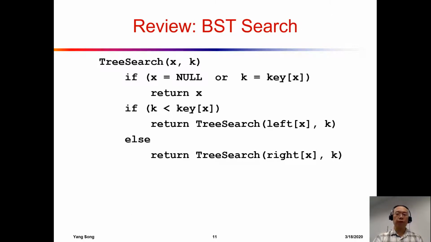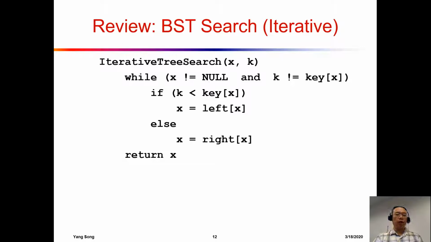So this is the first solution: we can do a recursive tree search. And next, we can also do an iterative tree search. For those two solutions, the methodology is exactly the same. We compare to the root, and if it's not the value we are looking for, we make a decision to search the left subtree or the right subtree. So we have two different versions of doing tree searches.